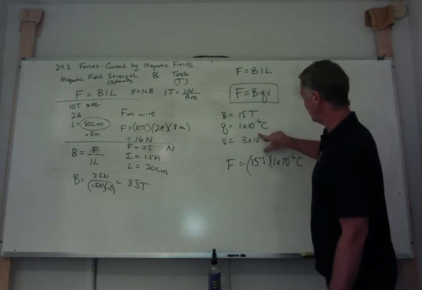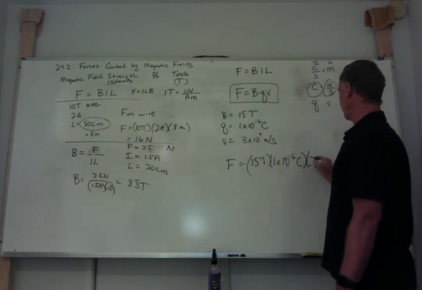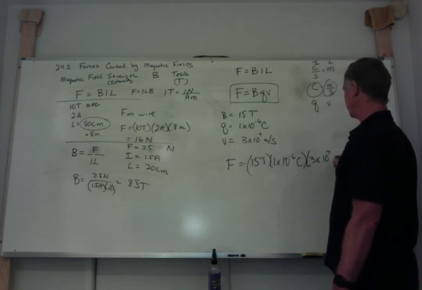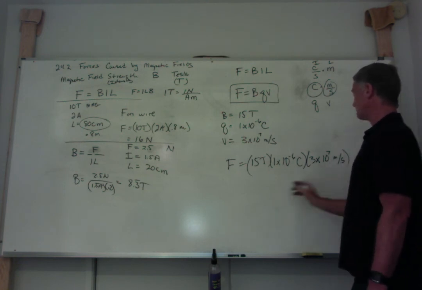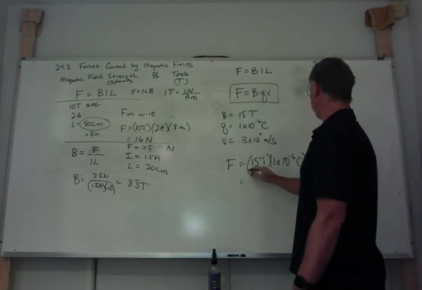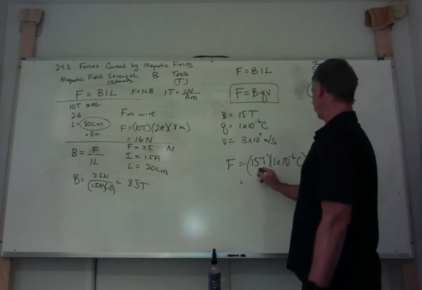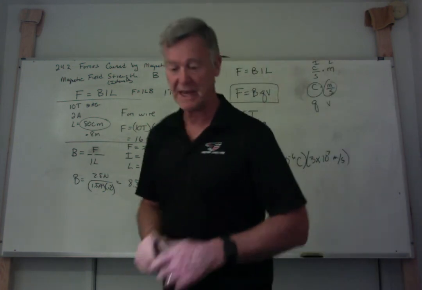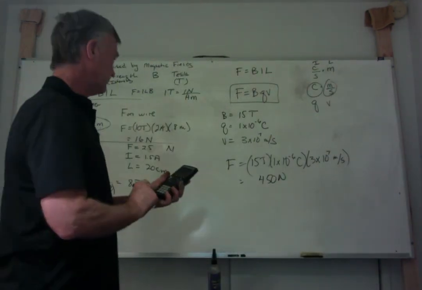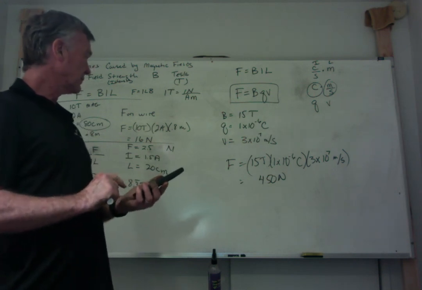And by the way, it can't be going that fast. I said 1/10. That would be 3 times 10 to the 7 meters per second. And we would end up with 450 newtons, I think, if I've done that math in my head correctly. 15 times 30.